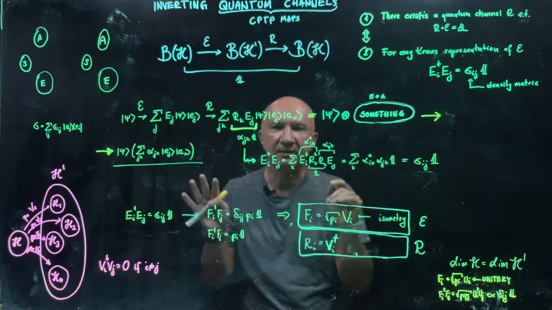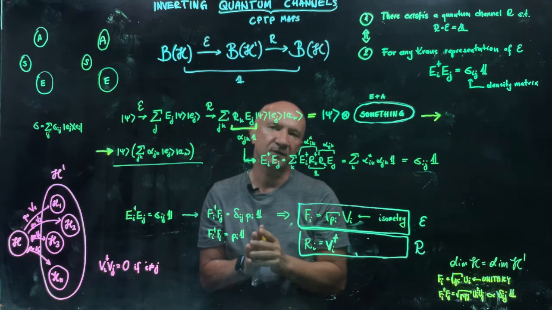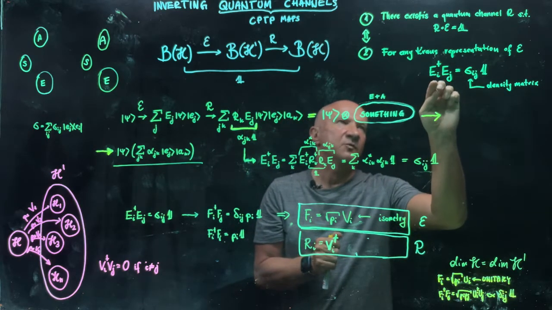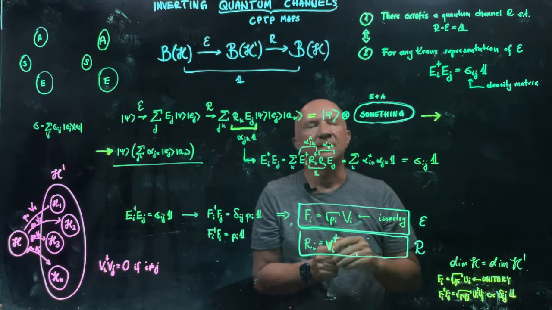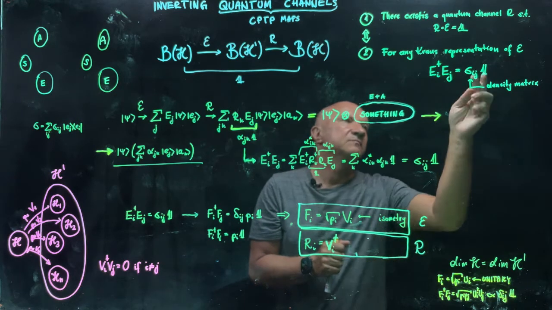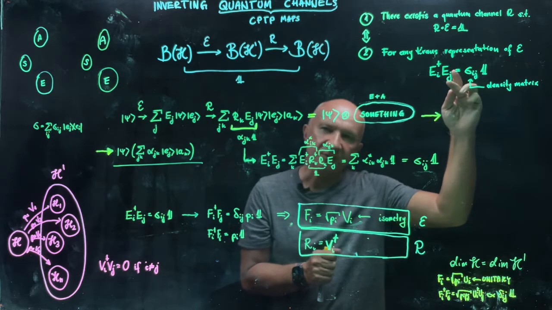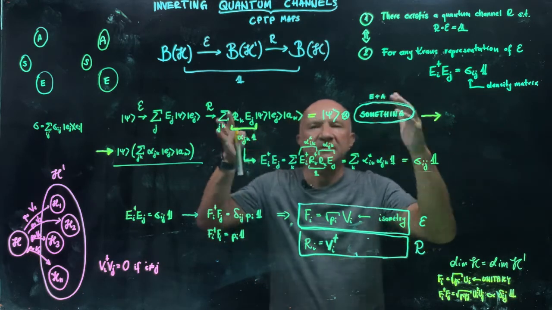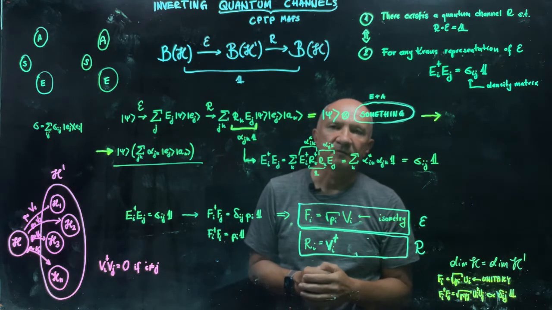That's statement number 1. Statement number 2 is that for any Kraus representation of E, the product of the Kraus operators E_i dagger E_j is equal to some number times the identity. Now, this number depends on i and j, and if you look at it as a matrix, this matrix is a density matrix. Mathematically speaking, it just means that it's a positive semi-definite matrix with trace equal to 1.